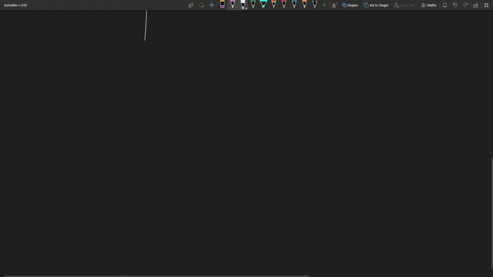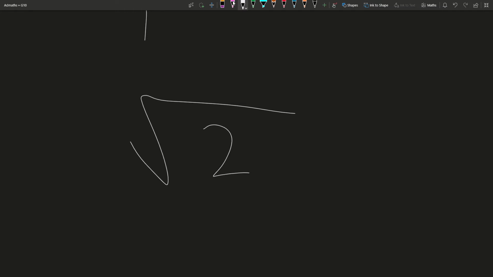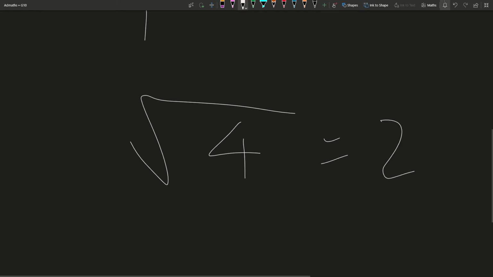Let's explain first before we get to what i actually is. Let's talk about square roots for a minute. When you're dealing with a square root, a number like 2 can be under there, or 4. If you've got the square root of 4, the answer to that is 2.